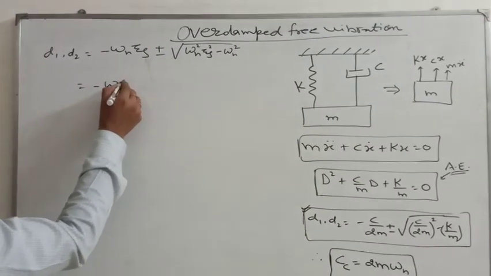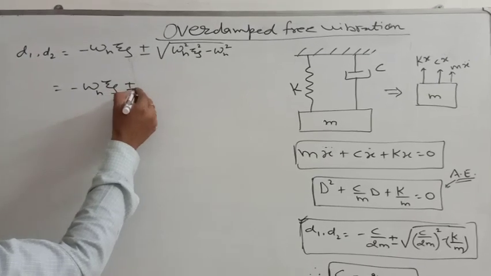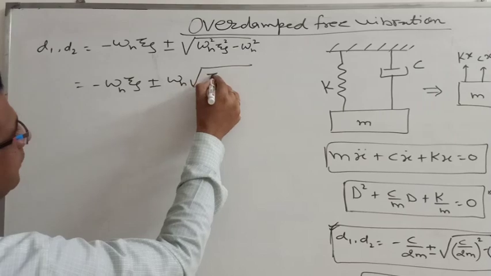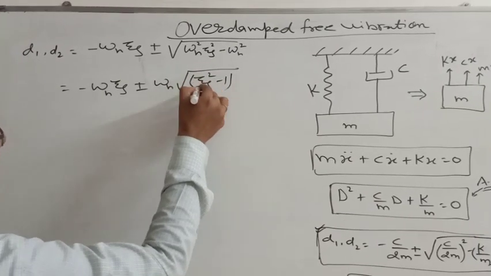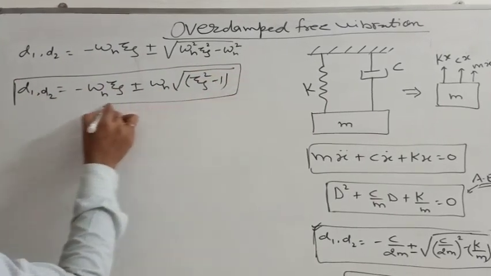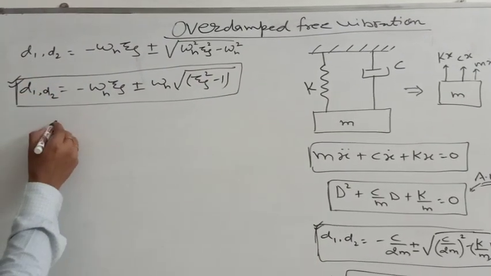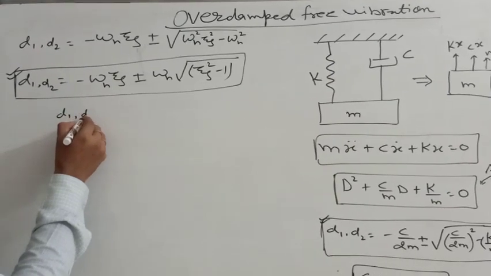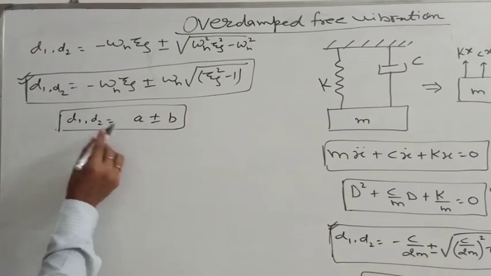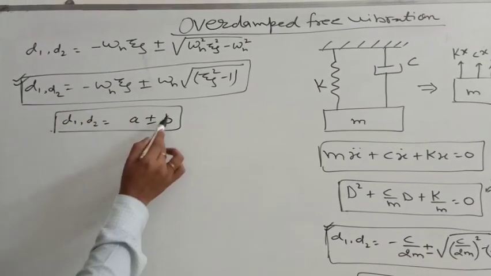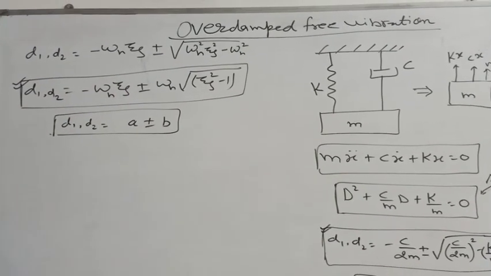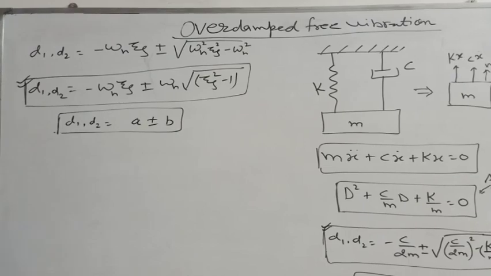Then by solving, if you are taking omega n as common, then our equation for roots is this, and we have converted this in terms of a plus minus b, where the value of a is this and the value of b is this. Now on the basis of these roots, we can define the damped vibration system.